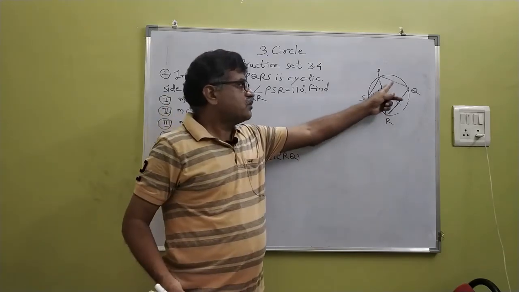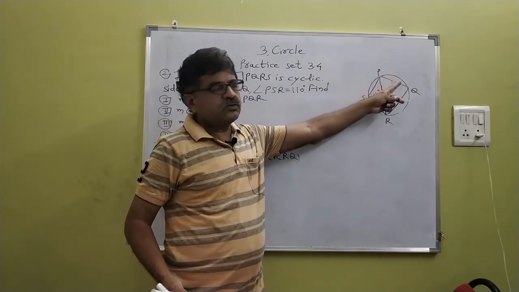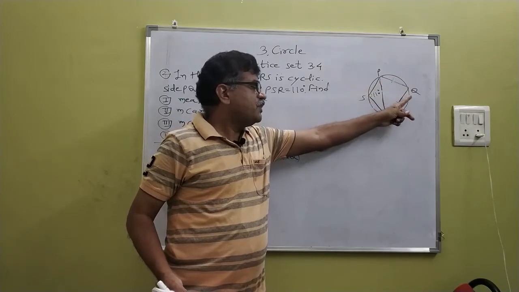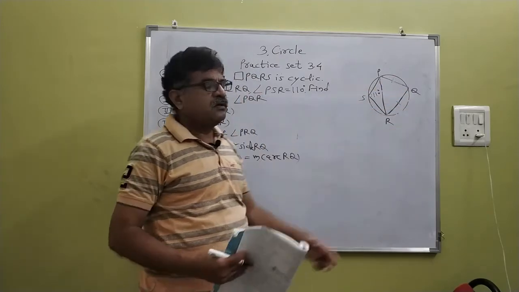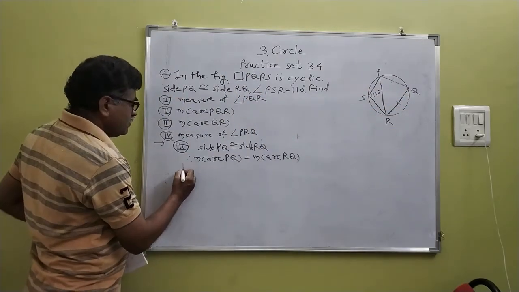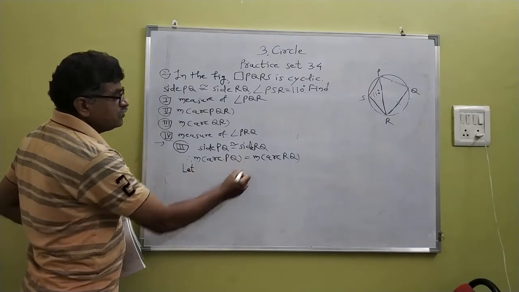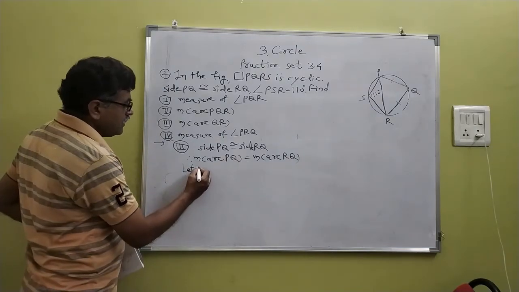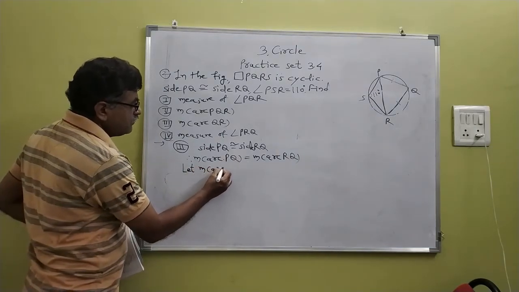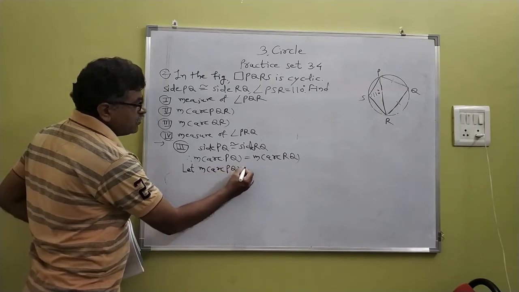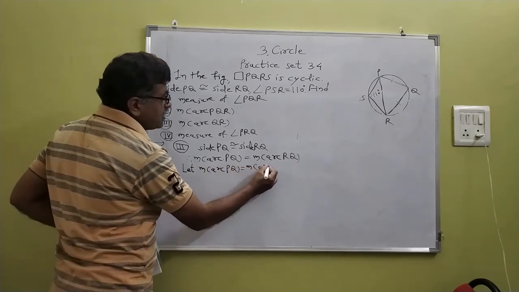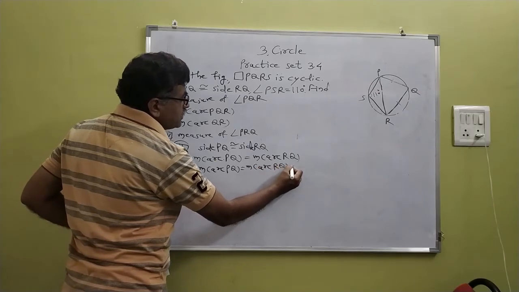These two chords are congruent, therefore their arcs are also congruent. Let the measure of arc PQ be equal to the measure of arc RQ, which is equal to X.